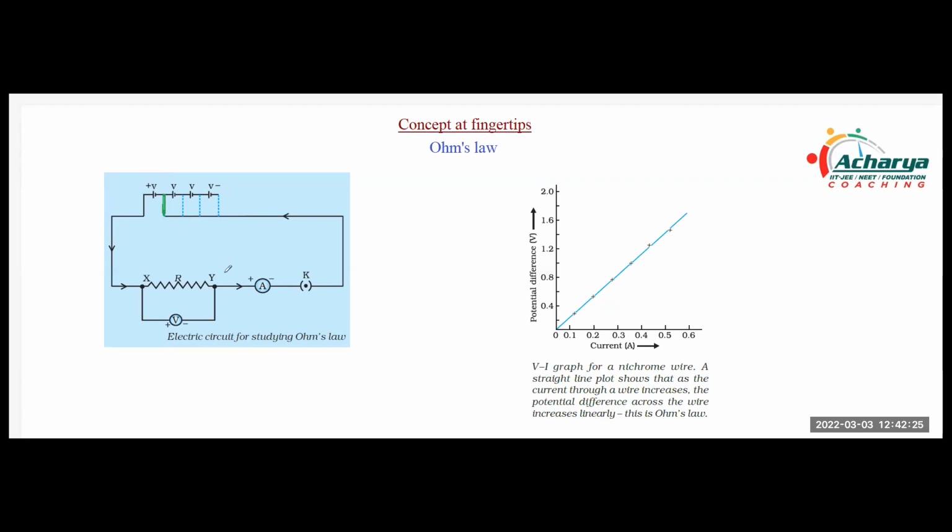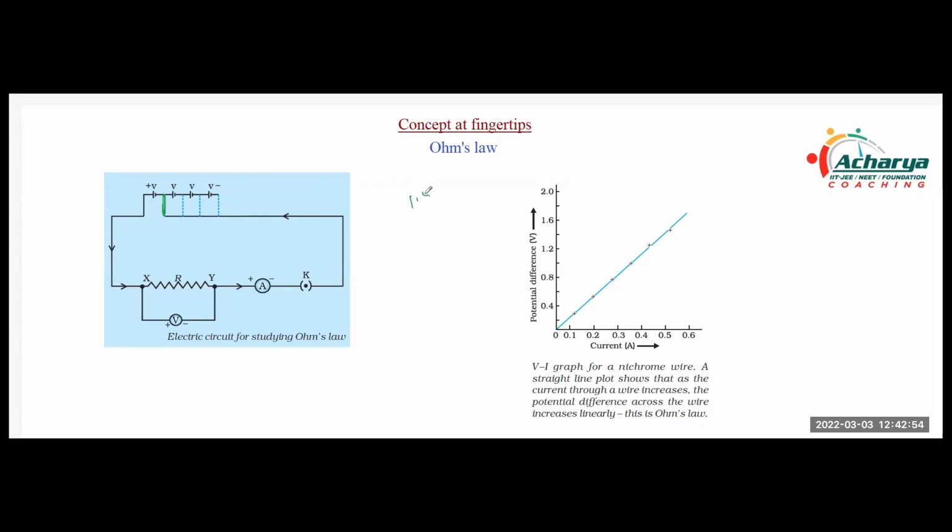We have this nichrome wire, and we have an ammeter connected so that we can measure the current, and a voltmeter connected across the nichrome wire so that we can measure the potential difference across the wire. And there is a plug key connected in the circuit.